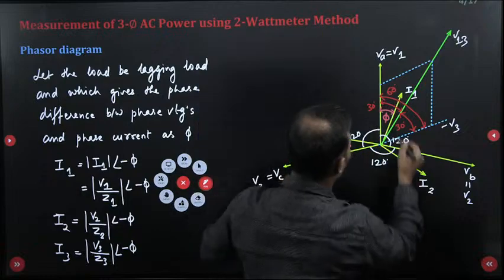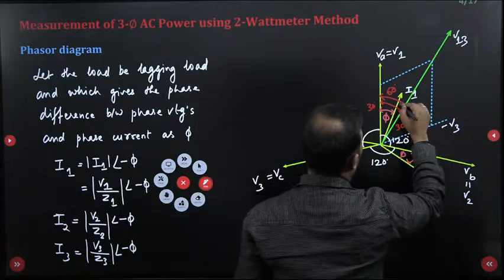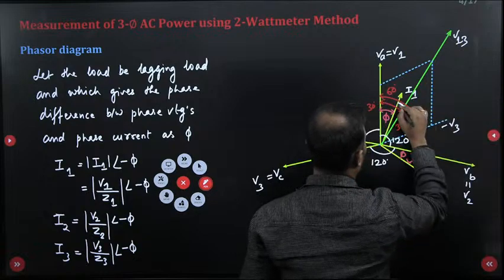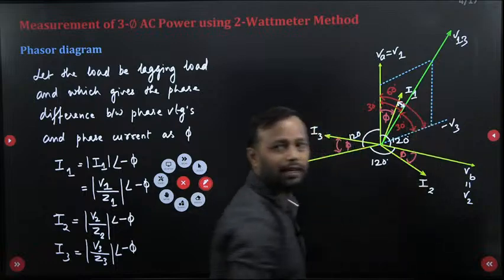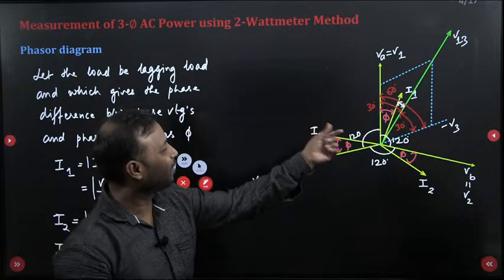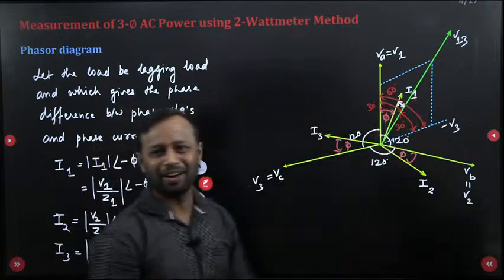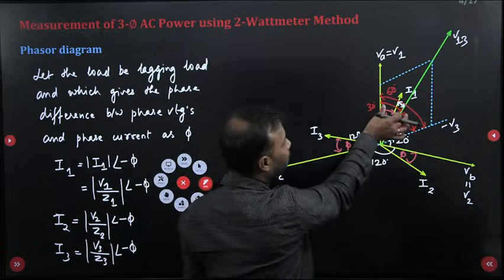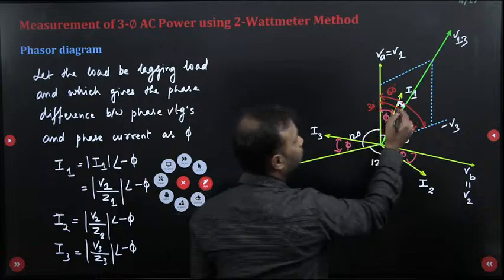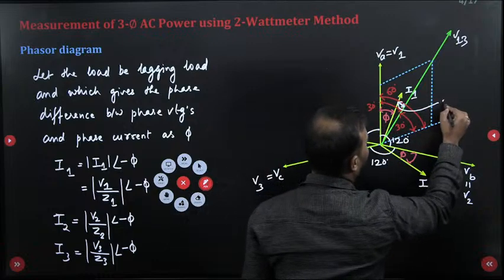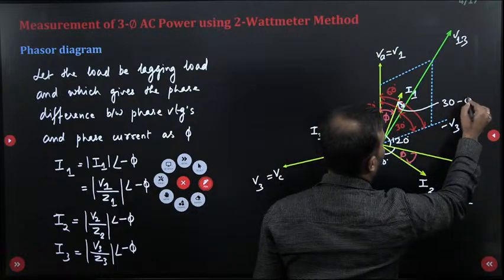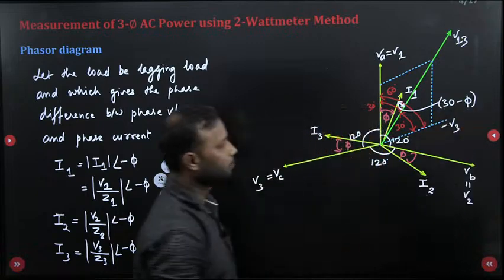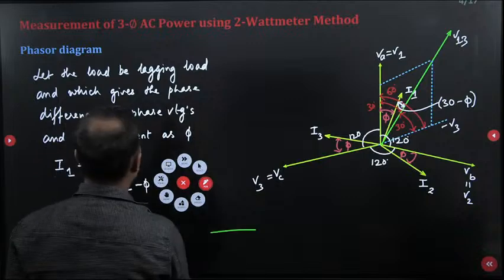How much is this angle? I hope this is visible to you. It might look a little small, but try to manage it. So this angle, this total is 30. This is 5. So this angle is 30 minus 5. Let me write here. 30 minus 5. Done.